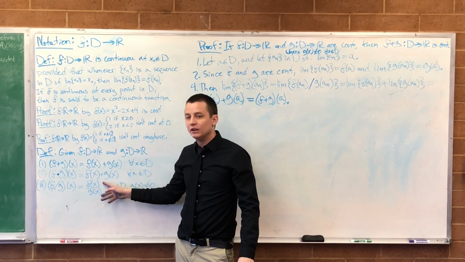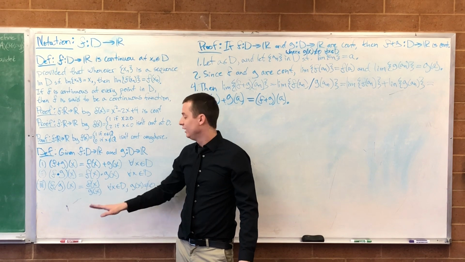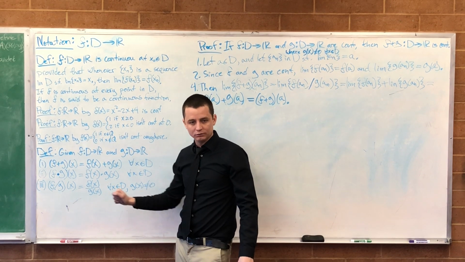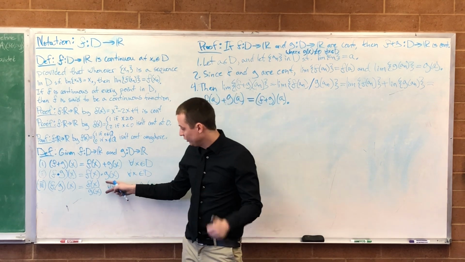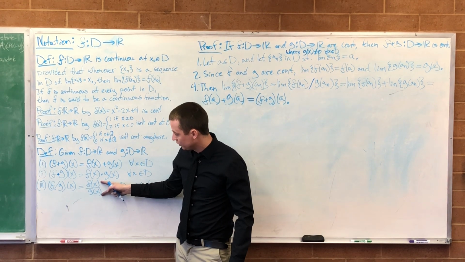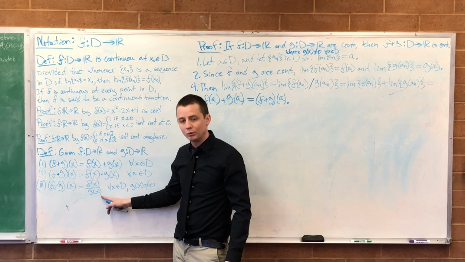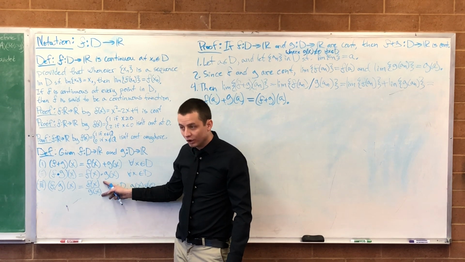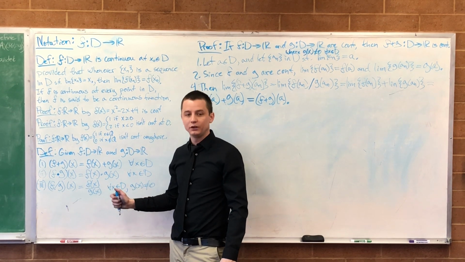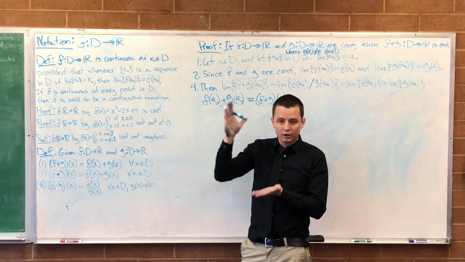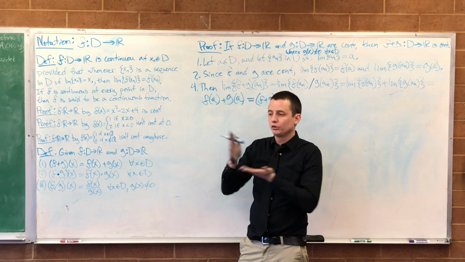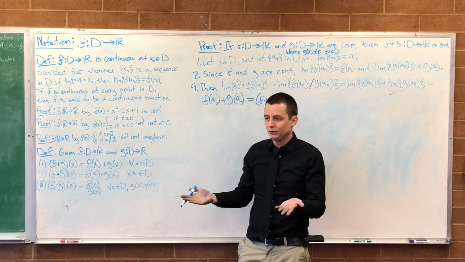So the corollary is just that rational functions are continuous if the denominator is never 0. So I know polynomials are always continuous. If I have two polynomial functions and the bottom's never 0, then the quotient of the two is a rational function. So the corollary is just rational functions are also continuous.